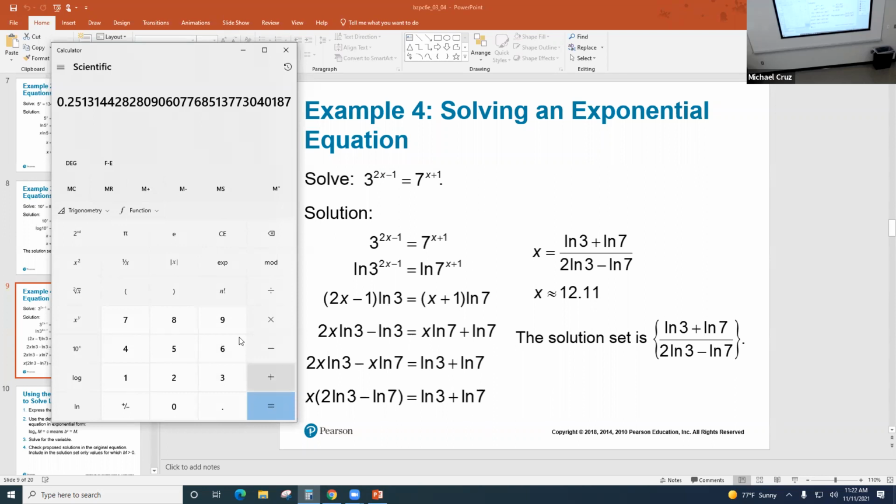I'm going to put that in memory, and then I'll do the top. It doesn't matter which direction you do it. Remember, the reason why we have to do this is just because division and subtraction are not commutative. In other words, you've got to be wary of the order in which you do it. Then you take it and you divide by what's in the memory. And 12.1.